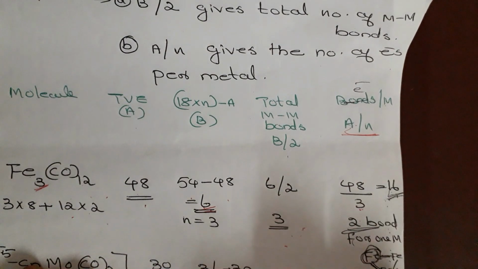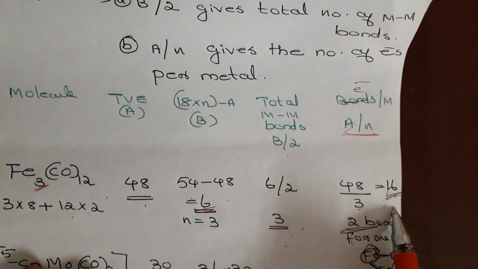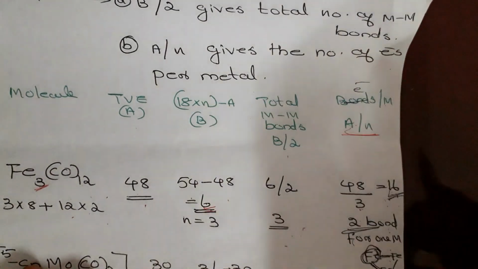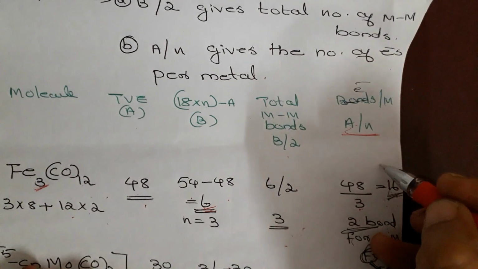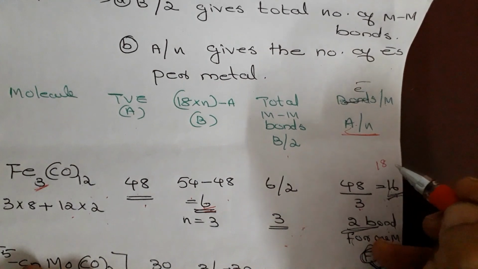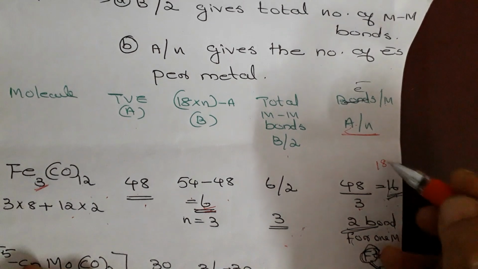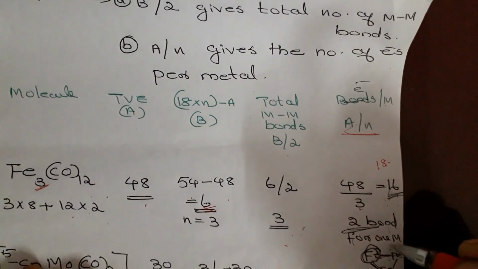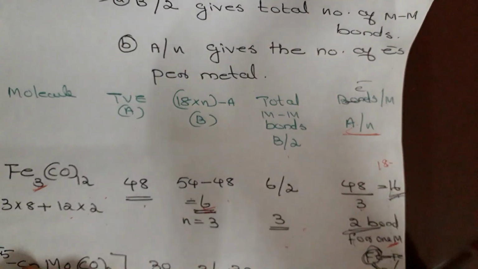One metal carries 16 electrons. For stability, the 18 electron rule, you subtract 16 from 18 and get 2. So one metal carries 2 bonds.